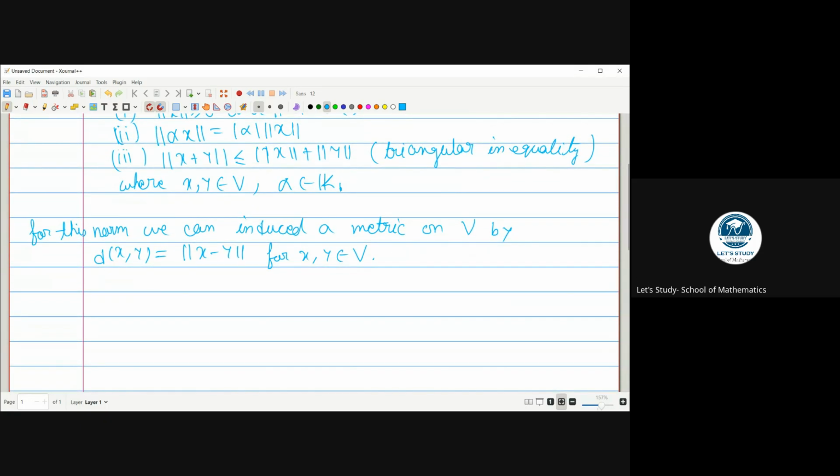Now, can anyone give me some example of a normed linear space? You have worked on some kinds of spaces.